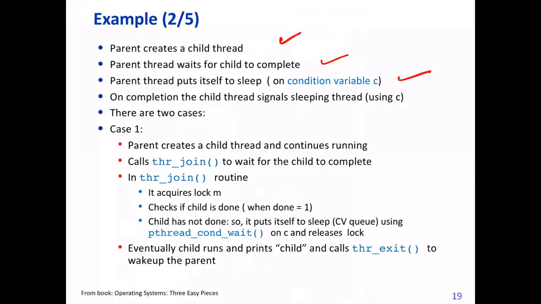On completion, the child thread signals the sleeping parent with condition variable c. So there are two cases. The first case is that the parent creates a child thread and continues running, and then calls thread_join to wait for the child to complete.